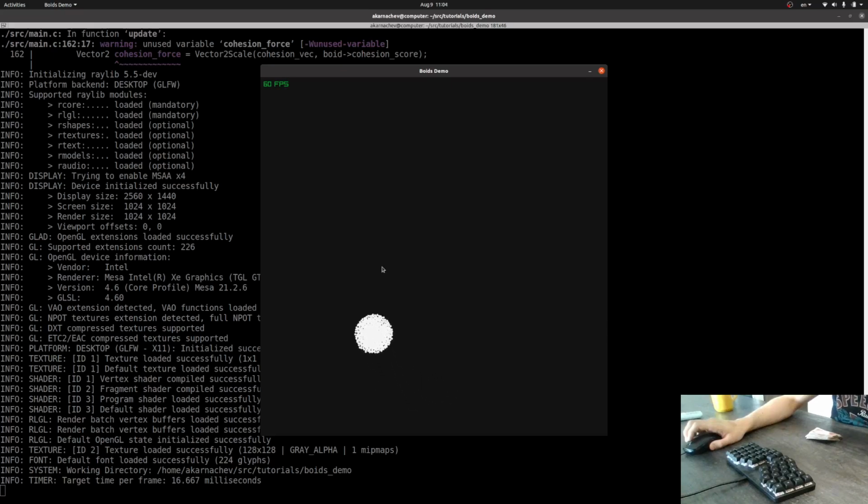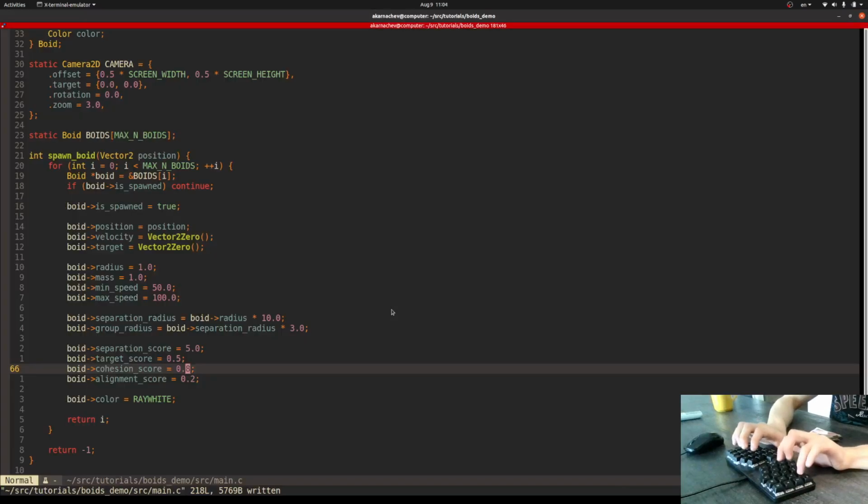And sometimes people add another force, sort of an individuality force for each Boid, which basically means that each Boid has some probability to separate from the group. But I don't want to implement this.